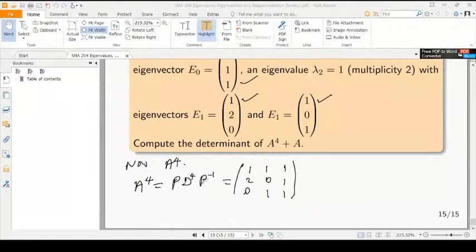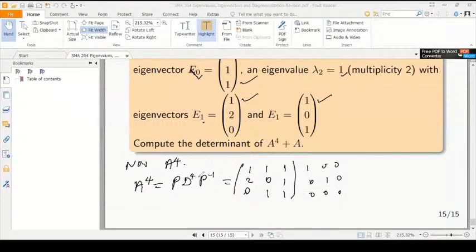And then D, we've just found D. We were given the eigenvalues. And so we began with 1, 2, 0, the eigenvalue is 1, 0, 0. And then we followed by 1, 0, 1, the eigenvalue was also 1. And then we followed it by 1, 1, 1, whose eigenvalue was 0.